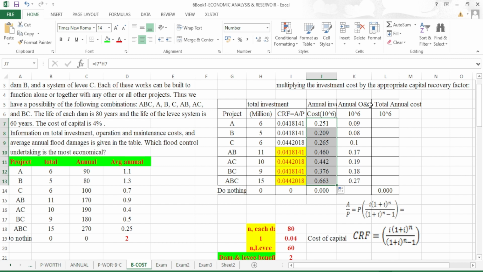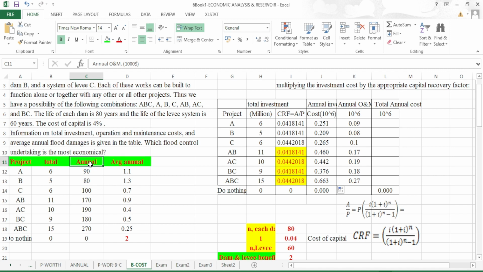To estimate the annual operation and maintenance cost, we divide its value by 1 million. As you see, this annual operation and maintenance cost is given in thousands, while the annual investment cost is provided in millions.